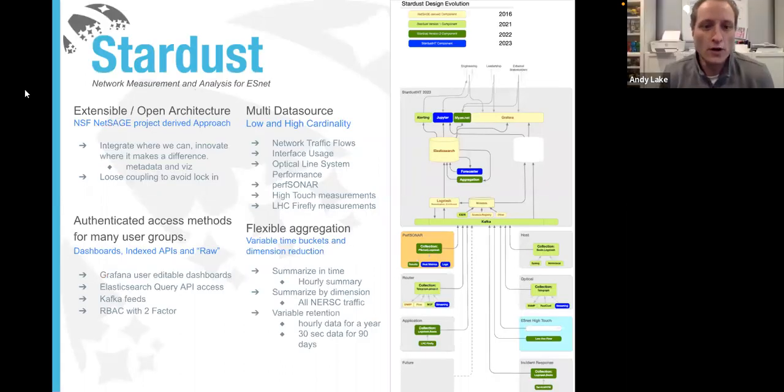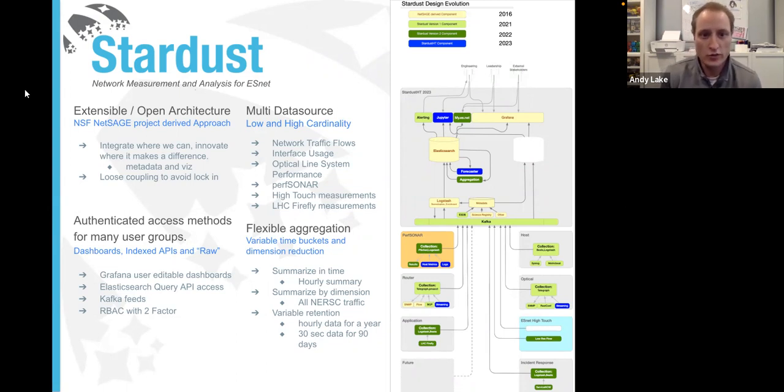Yeah, thanks, Ed. So Ed talked about how we went through this whole process of figuring out our measurement needs across the organization, which eventually led to the Stardust platform. So here are some diagrams of what we actually built, right? During that process, we came up with some features we wanted this system to have.